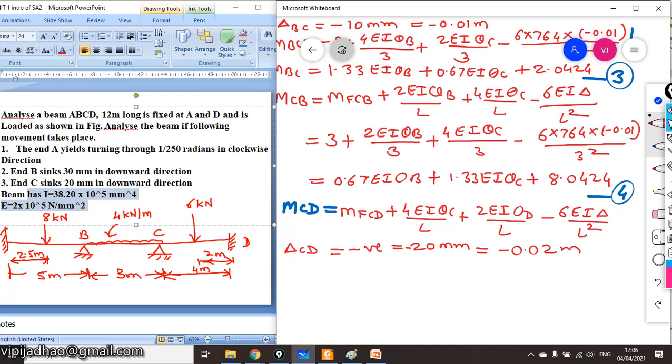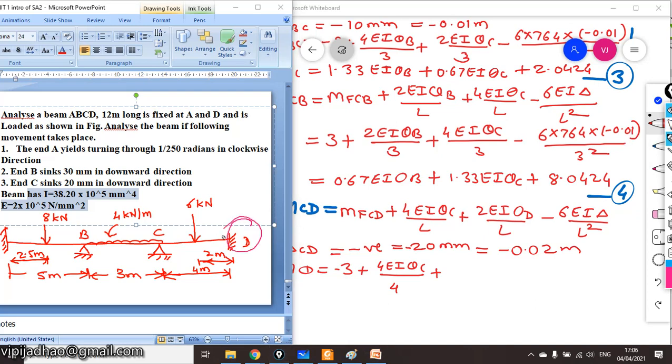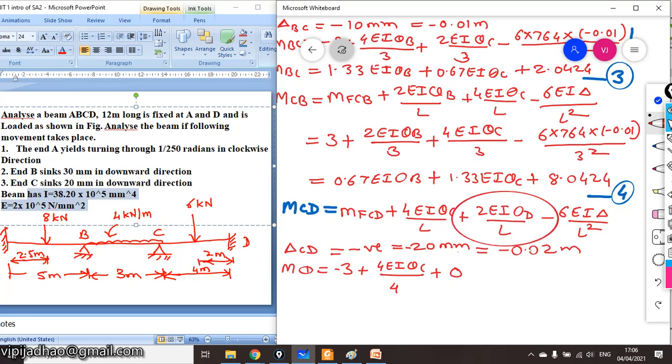Just put the value in this equation. MCD will be equal to MFCD, which we have already calculated as minus 3, plus 4EI theta C divided by L, which is 4 meter, plus, you can see that support D is a fixed support, therefore the slope at D, theta D, will be equal to 0. Therefore this particular term will be 0.